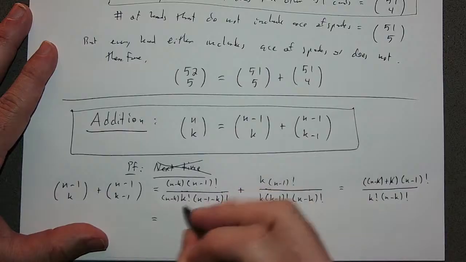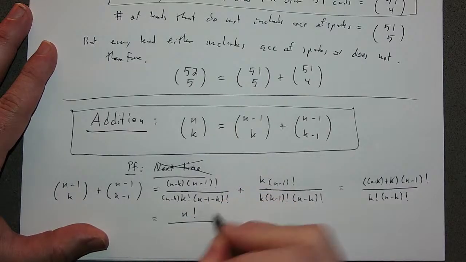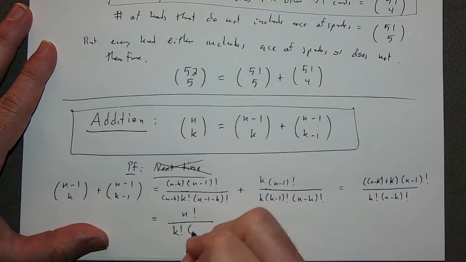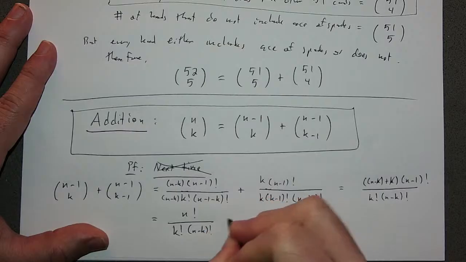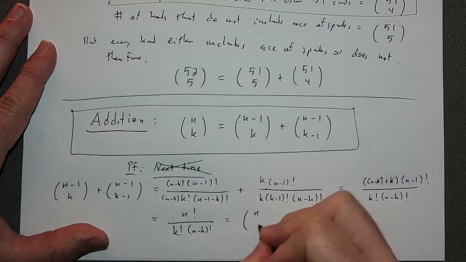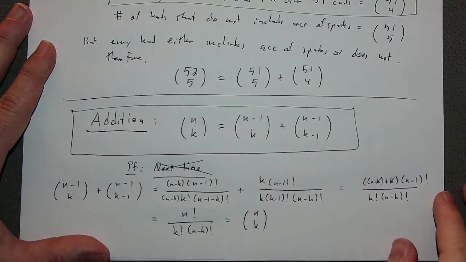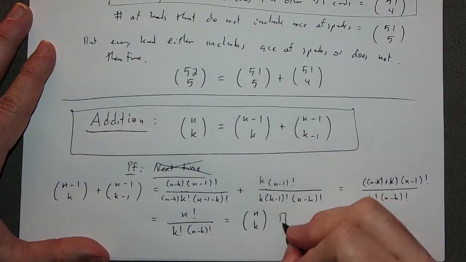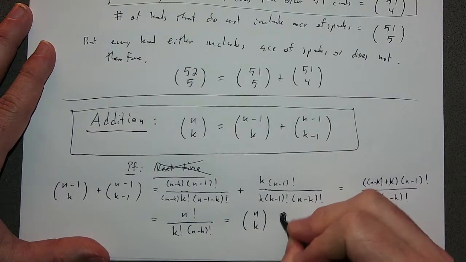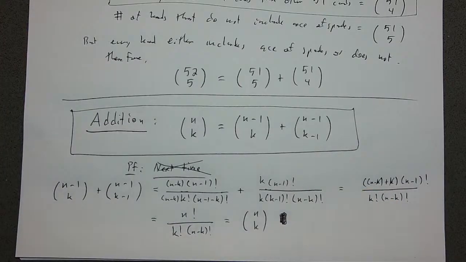So I'm left with n factorial over k factorial times n minus k factorial, but that is exactly n choose k. So that's it. Just a little bit of algebra there, using the definition of this thing, gets me what I want.